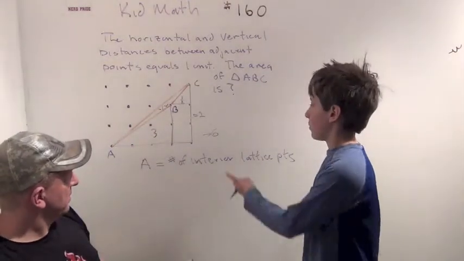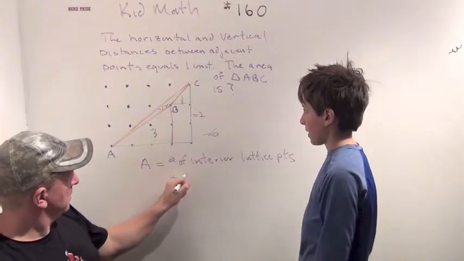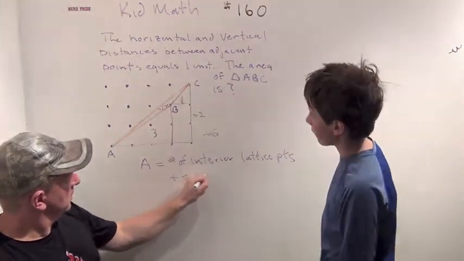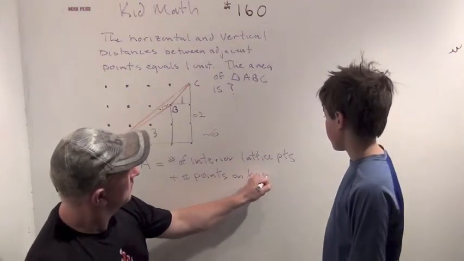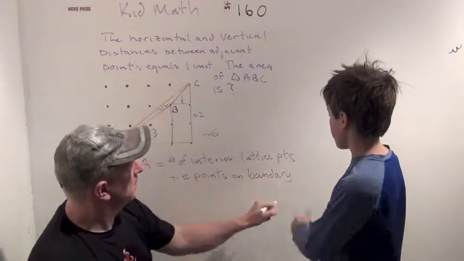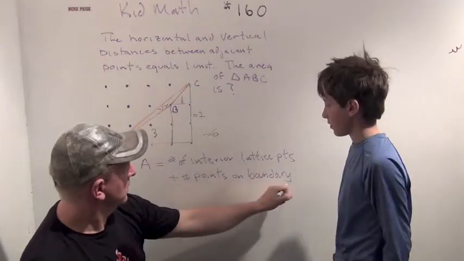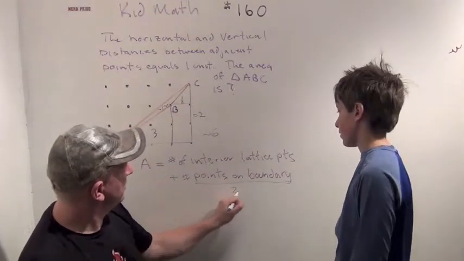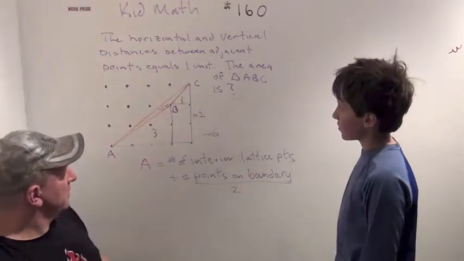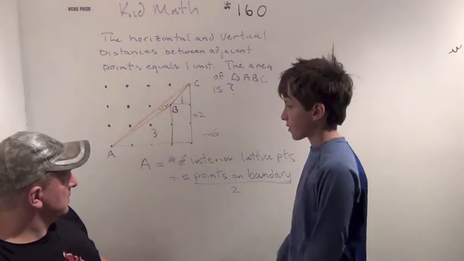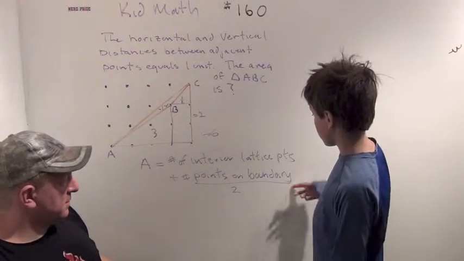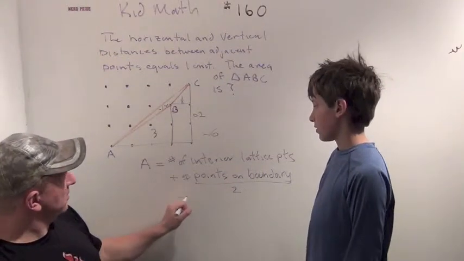And how many points are on the boundary? There are 3 points, so it's 3 halves, minus 1.